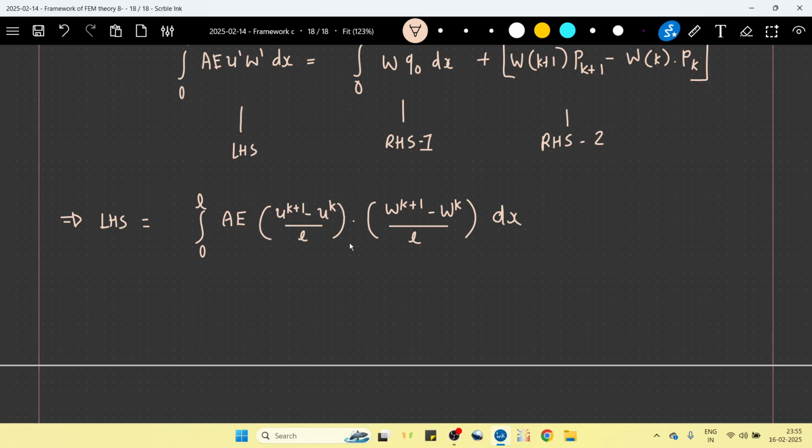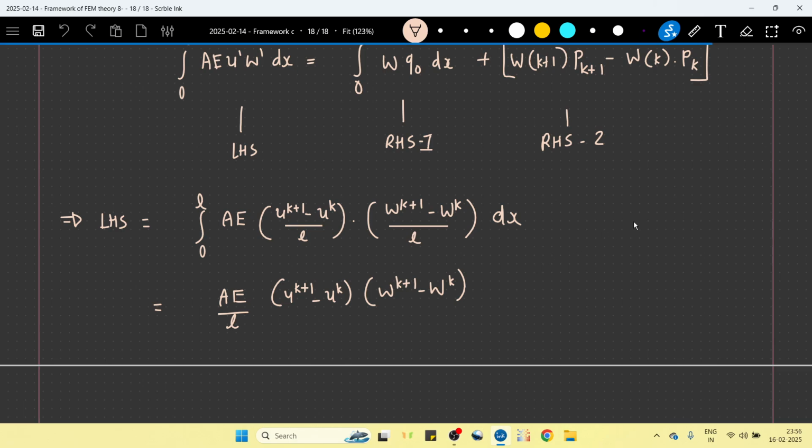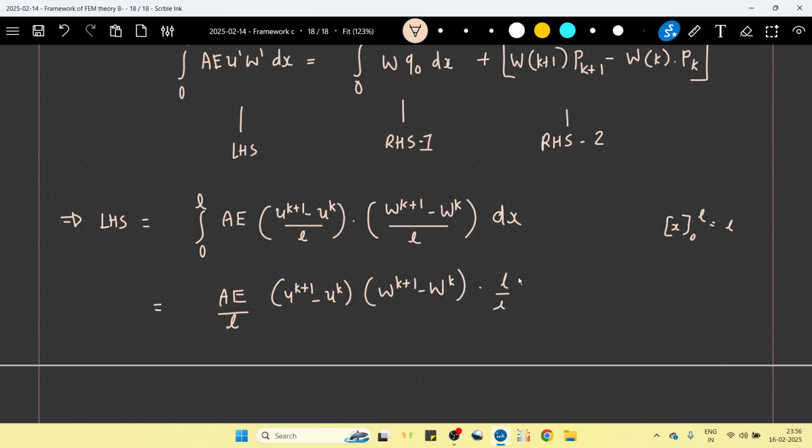So these are constant terms. The final LHS will be something like this: AE by L times (uk plus 1 minus uk)(wk plus 1 minus wk), and the integral of 1 with respect to dx is going to be x, and when we put in the limits, from 0 to L it is L. So into L by this L, both cancel, so I will have only these terms.